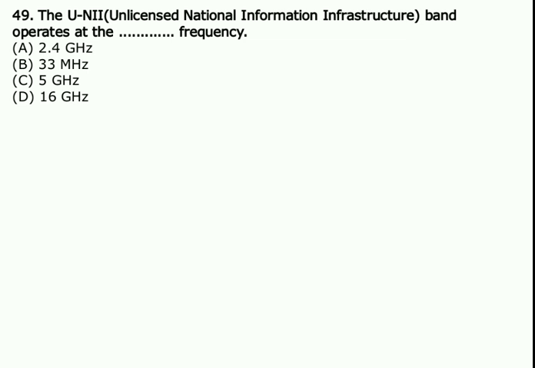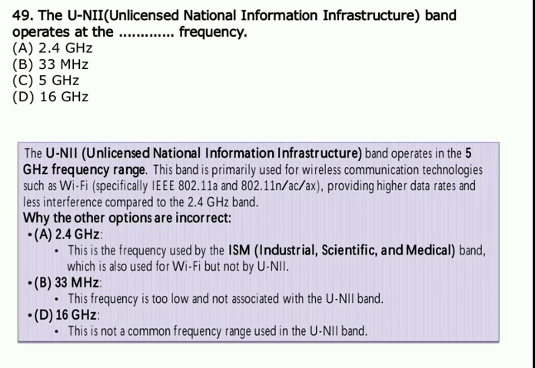Next one: the UNII, the Unlicensed National Information Infrastructure band, operates at which frequency? It operates in the 5 GHz frequency range. This band is primarily used for wireless communication technologies like Wi-Fi, and it provides higher data rates and less interference compared to the 2.4 GHz band.